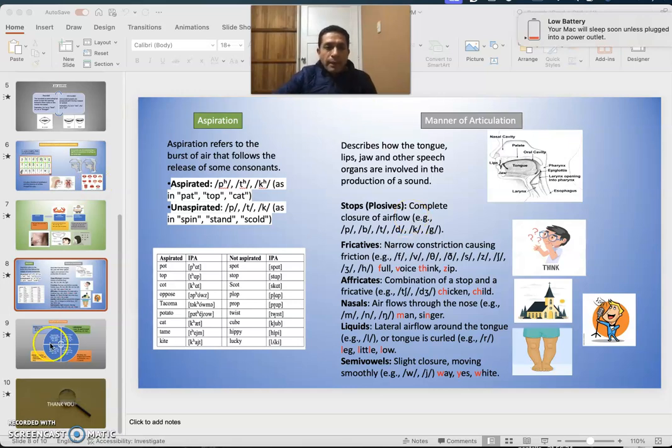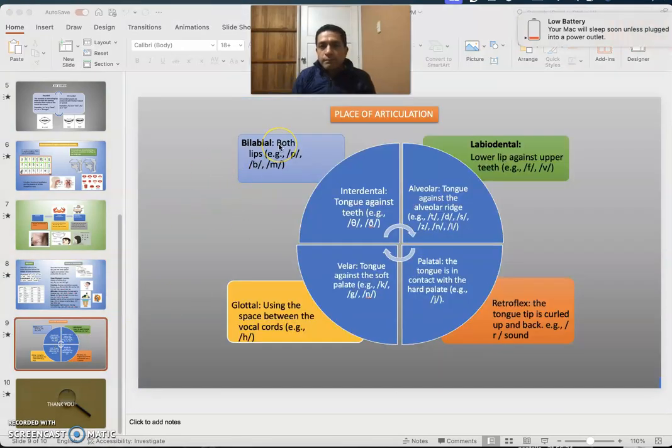Let's continue with the next slide. The place of articulation. We can find the bilabial, where both lips are used, for example p, v, m.